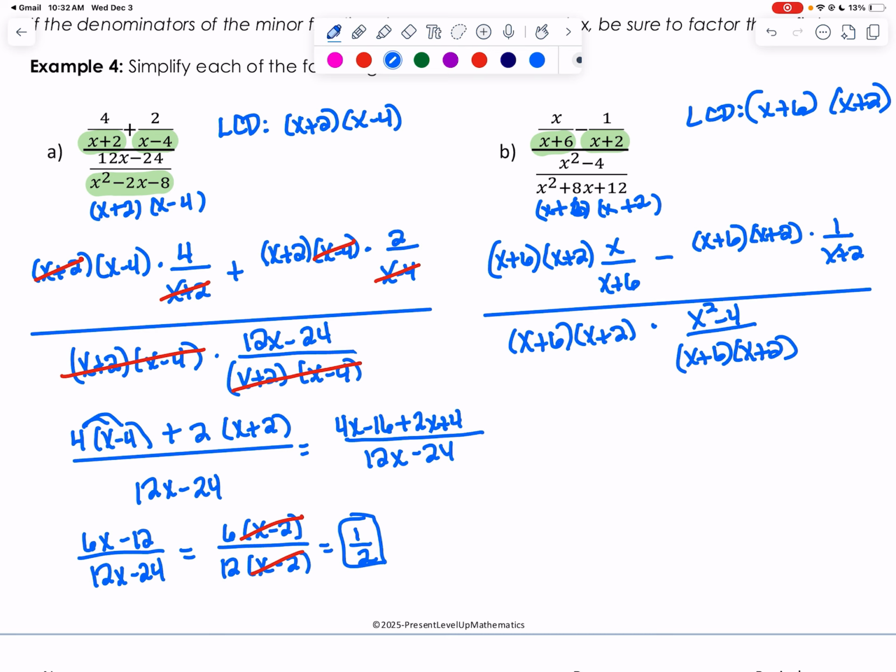All right, now I'm going to start canceling what I can. So in fraction 1, the x plus 6 cancels with the x plus 6, and that leaves me x times (x + 2). In my second fraction, the x plus 2 cancels with the x plus 2, leaving me 1 times (x + 6).